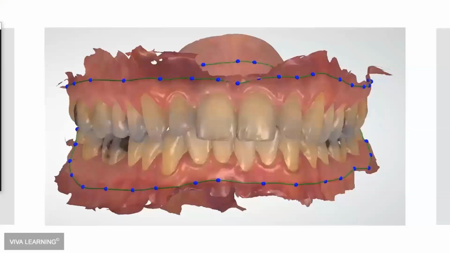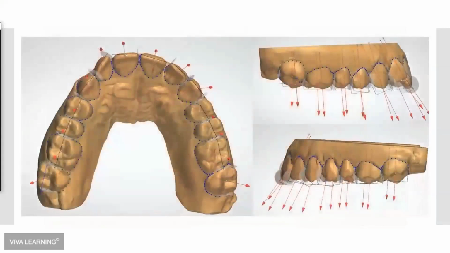And within that, we want to indicate in the software what areas need to be taken into consideration. For example, what is an upper right 6, what is an upper right 5, where does it start, where does it end, and more importantly, where the long axis and the correct angulation of the teeth is.